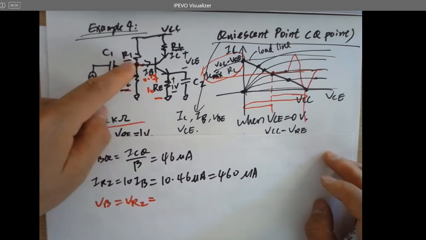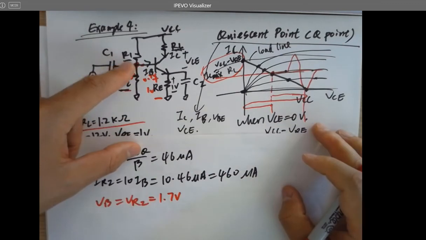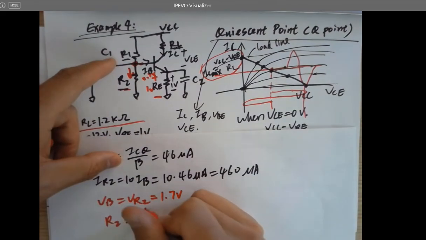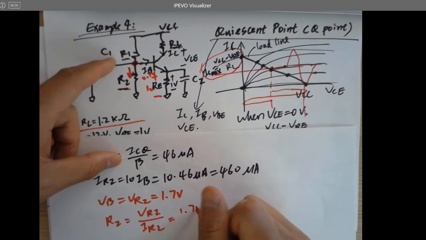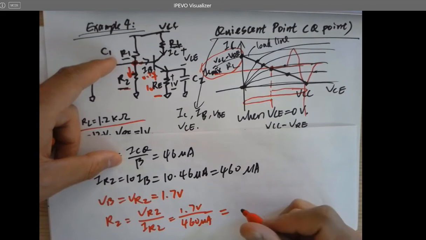So this point is actually 1.7 volts. And so R2 equals VR2 over IR2, which is 1.7 volts over 460 microamps. I can calculate that, which is somewhere around 3.71 kilo ohms.